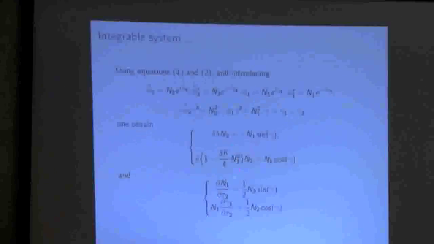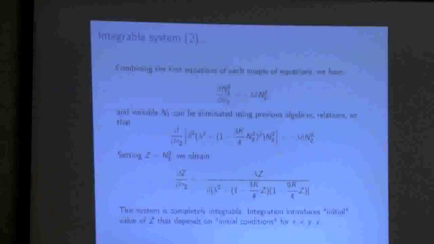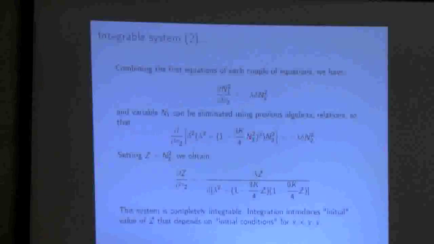If I combine these two relations, it is possible to write the evolution of N1 square versus N2 square, and it is possible to eliminate N1 by using the previous algebraic relations, so that finally we have the derivative versus tau 2 of this quantity depending on N2 square, that is, depends on another function of N2 square.